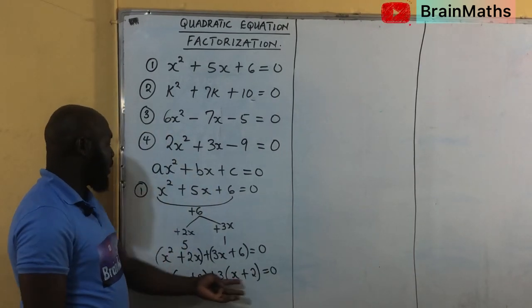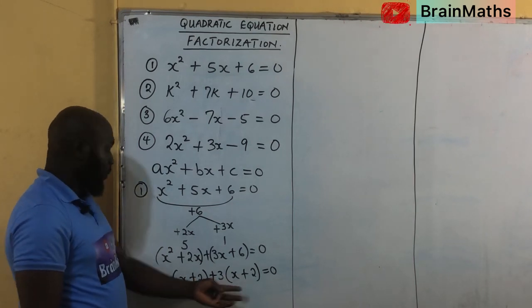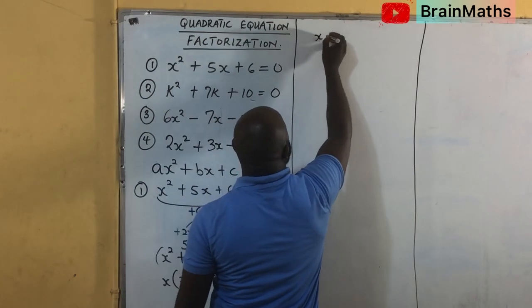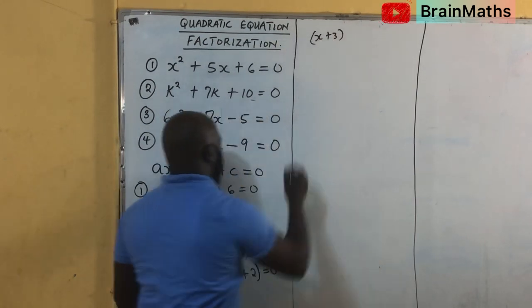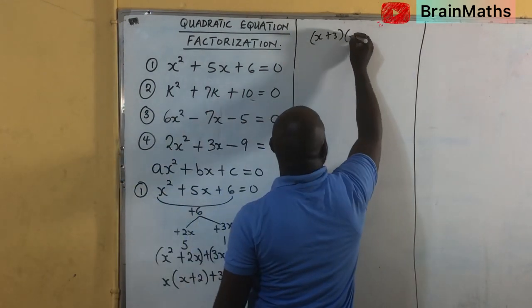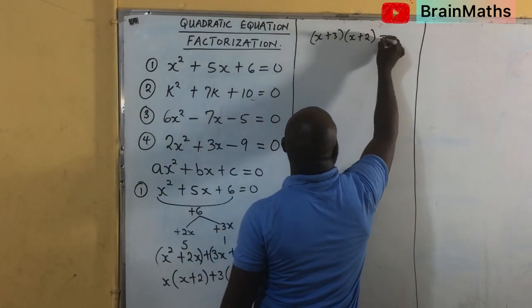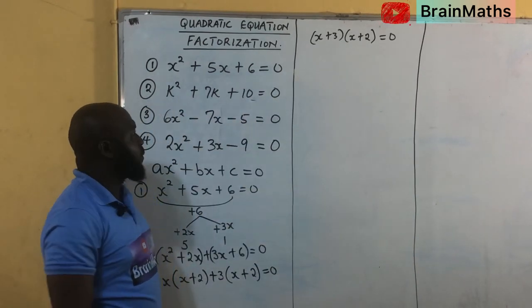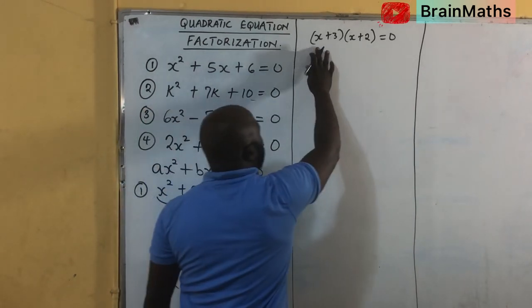So what we have in the brackets are common. So you take x and plus 3, so we have x plus 3, and then you take one of these, x plus 2, all equals 0. So we are solving to get the value of x.